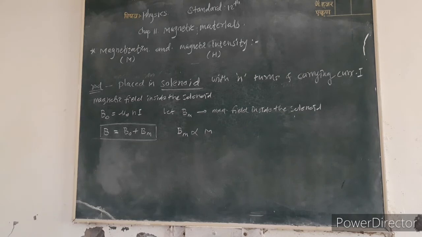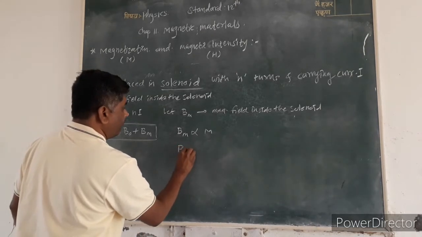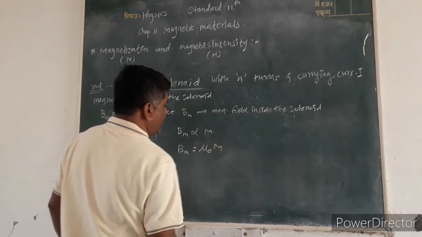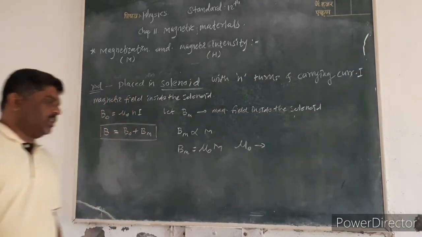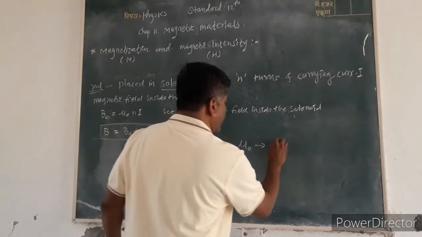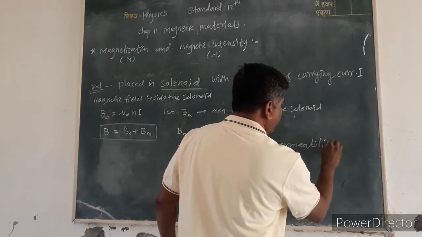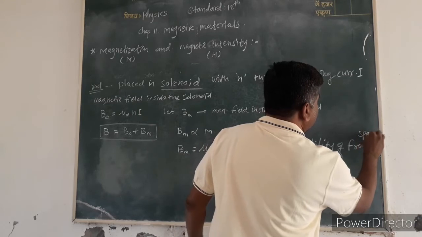Therefore Bm is equal to mu 0 into M, where the constant mu 0 is called the permeability of free space.